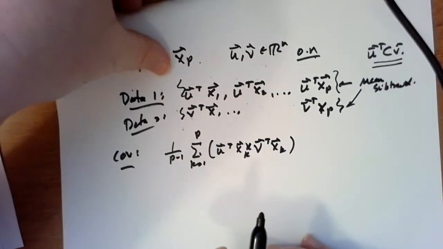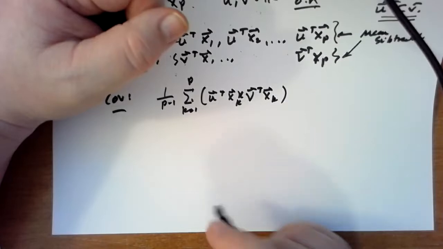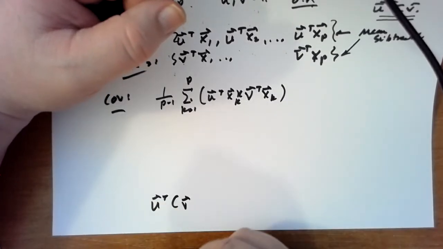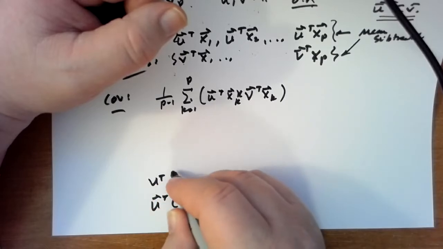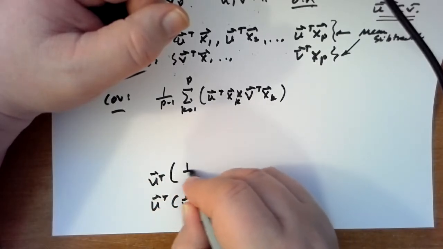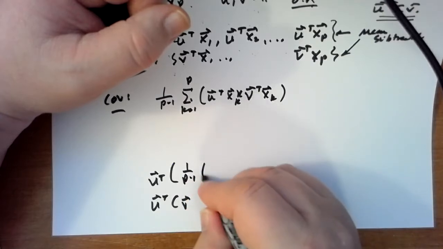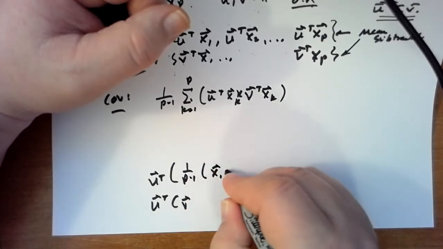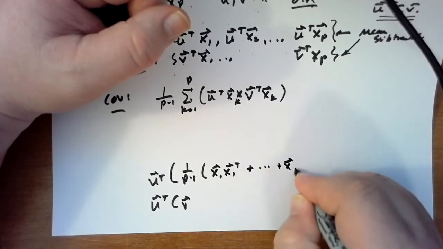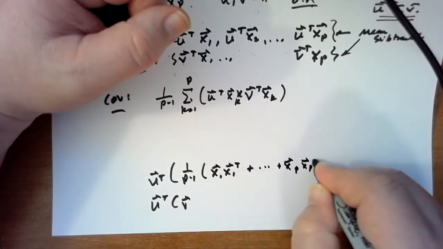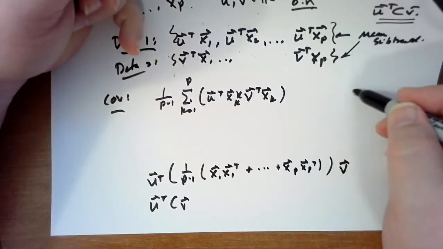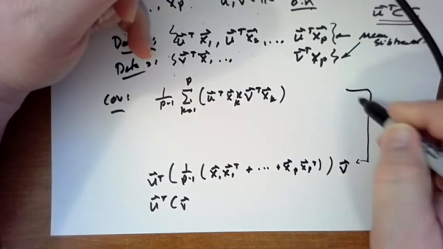So it might help to write down what u transpose Cv is. I can rewrite that as 1 over p minus 1 times, remember, x1 transpose plus ... xp transpose times v. Is it possible to get from here to here?